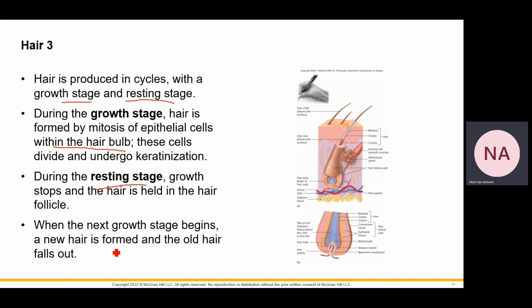That is the reason why falling hair or hair fall is normal. It just means that the hair is already transitioning into the next growth stage. But you have to remember, hair fall is normal as long as it is not noticeable.